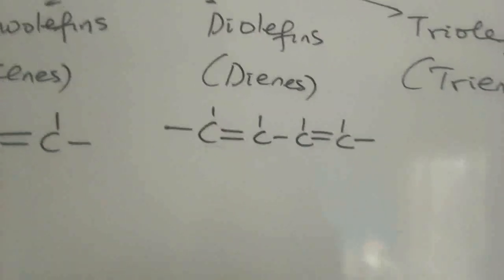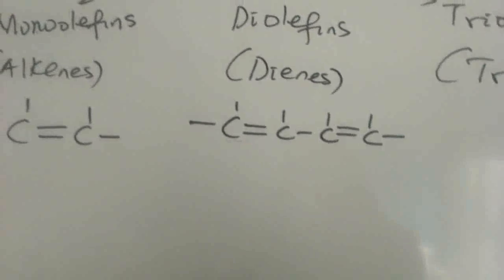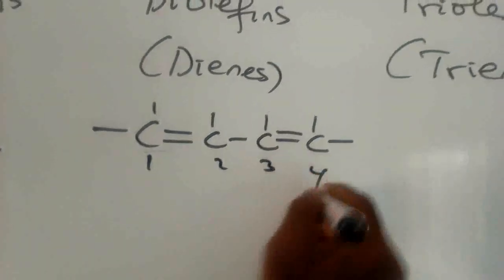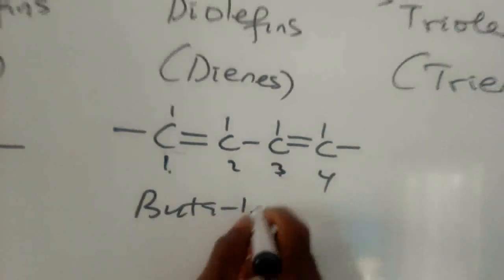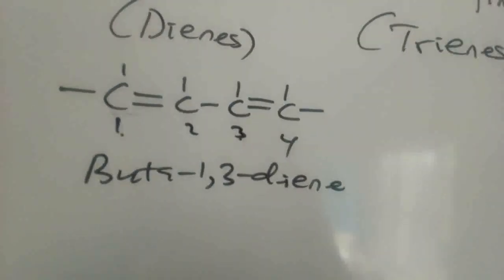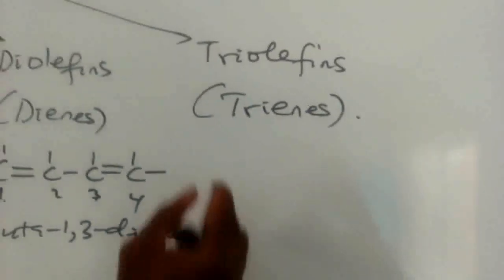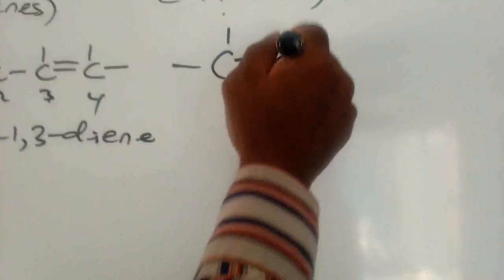For example, the compound called buta-1,3-diene, this is the skeleton of buta-1,3-diene. This is a diene or a diolefin, with 2 double bonds. Then an olefin that contains 3 double bonds is called a triene. Example, look at this structure which we are trying to get here.